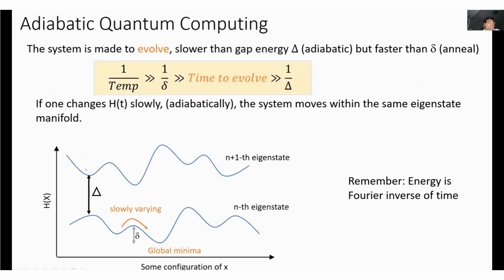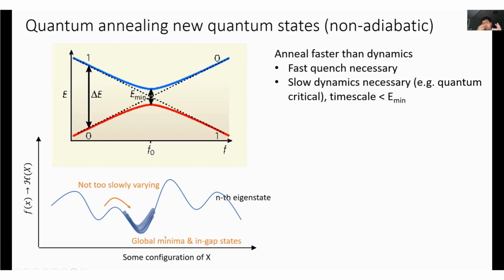You can allow the system to go into the upper level by doing a very fast quantum annealing, and then let it evolve there, and then maybe you will be able to tunnel back to the global minima. So you can do it either using adiabatic quantum annealing or using diabatic quantum annealing.